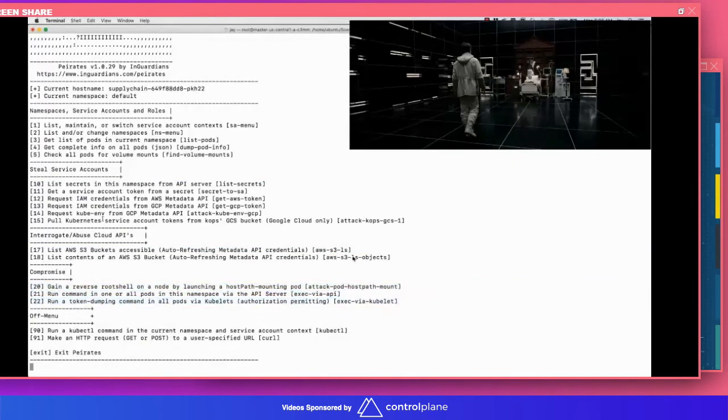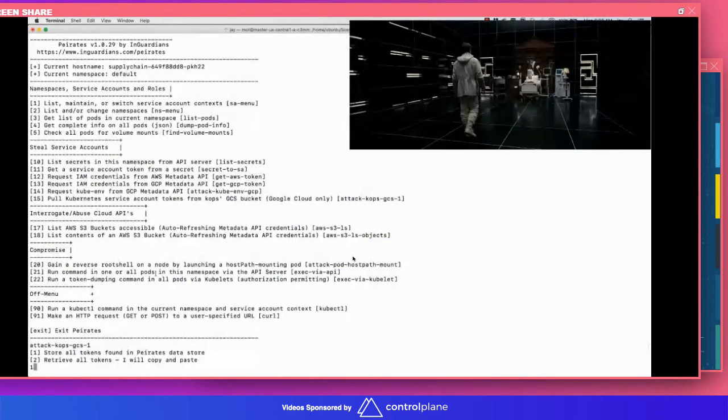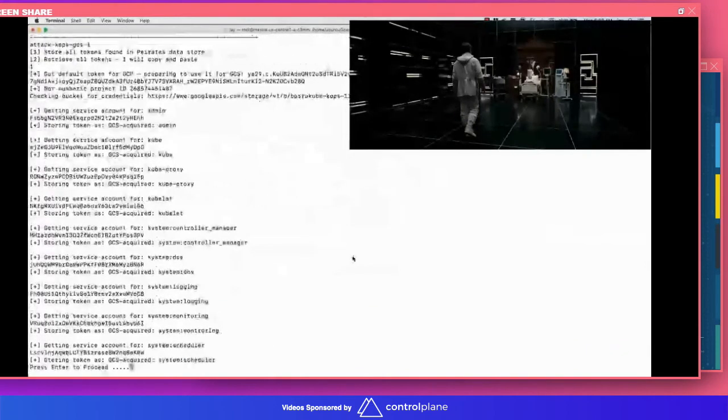The one that I like when I can get it is if I have a kops cluster: if I use kops to build a cluster on GCP, it stores a whole bunch of bootstrap service accounts in a bucket, and that bucket is readable with the default scopes in GCP. That bucket's basically readable by all the accounts that are in the project.